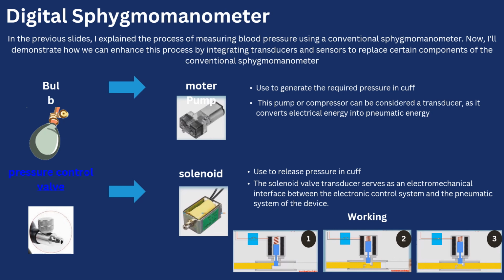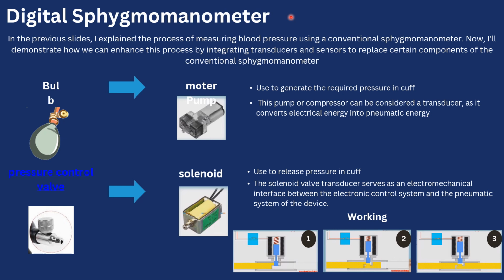Digital sphygmomanometer. In the previous 4 slides, I explained the process of measuring blood pressure using a conventional sphygmomanometer. Now, I will demonstrate how we can enhance this process by integrating transducers and sensors to replace certain components of the conventional sphygmomanometer.